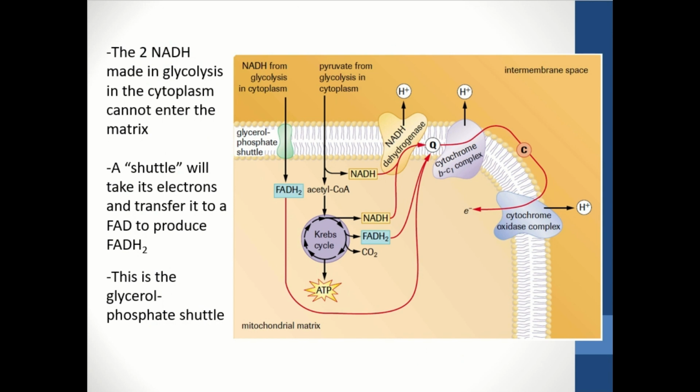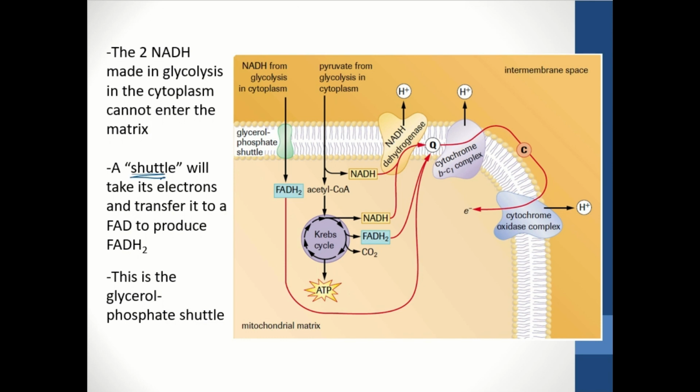The one thing we haven't really talked about is that in glycolysis, the NADH that was produced is in the cytoplasm. The NADH molecule can't move across the mitochondrial membrane, so it has to undergo what's called a shuttle.